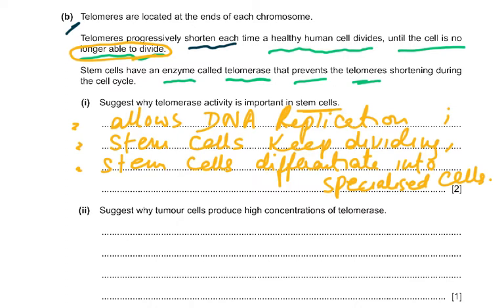So these are all the different parts of the body which they're going to develop. And of course, here they're talking of the plant cell, but otherwise they're talking generally about the different cells. So allows DNA replication, stem cells keep dividing, stem cells differentiate into specialized cells. Then you could have also said that mitosis produces cells for cell replacement. You see, because it said why telomerase activity is important, because it said telomerase progressively shortens.